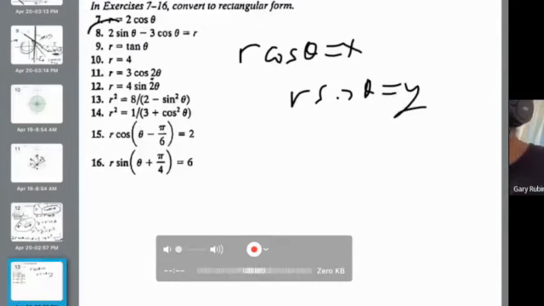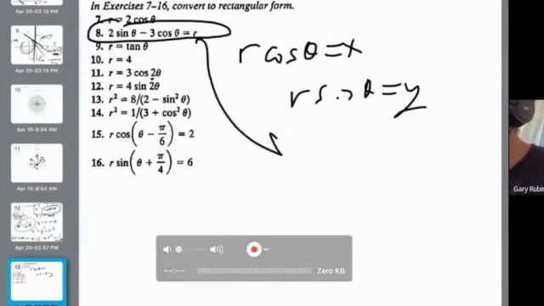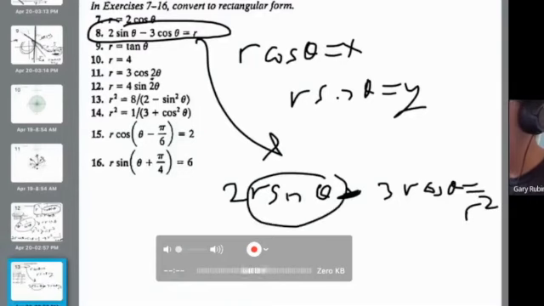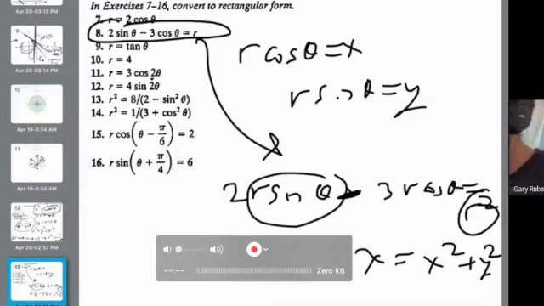So like this question number 8, if you multiply the entire equation through by r, then you get minus 3r cosine theta equals r squared, and then I could replace the r sine theta with y, the r cosine theta with x, and the r squared with x squared plus y squared. So those are things to be on the lookout for.